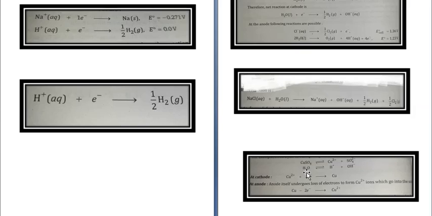When this takes place, CuSO4 gives you Cu2+ and SO4 2-. Water gives you H+ and OH-. At cathode you get the reaction Cu2+ plus 2 electrons gives copper, and at anode copper itself will undergo loss of electrons to form Cu2+, which will go into solution. So Cu minus 2 electrons will give you Cu2+.